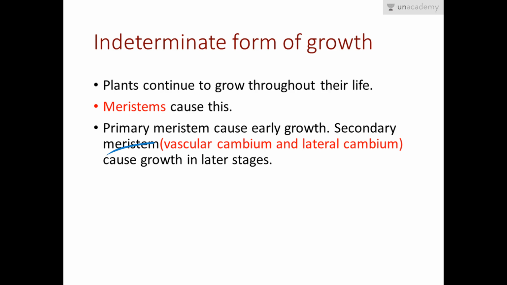That is carried out by the secondary meristems, that is vascular cambium and lateral cambium, which cause the growth in later stages, not in your early stages. In your early stages, the primary meristems, that is root apical meristem, shoot apical meristem, and intercalary meristem, are all responsible.